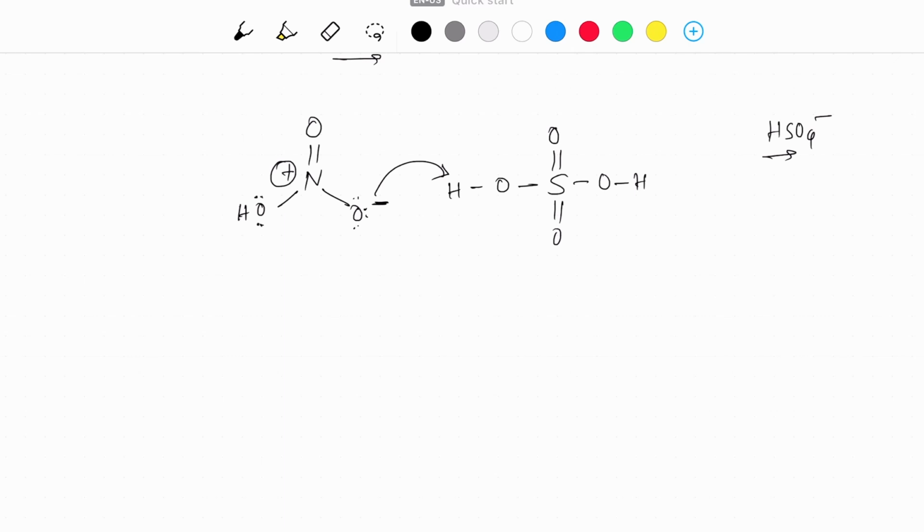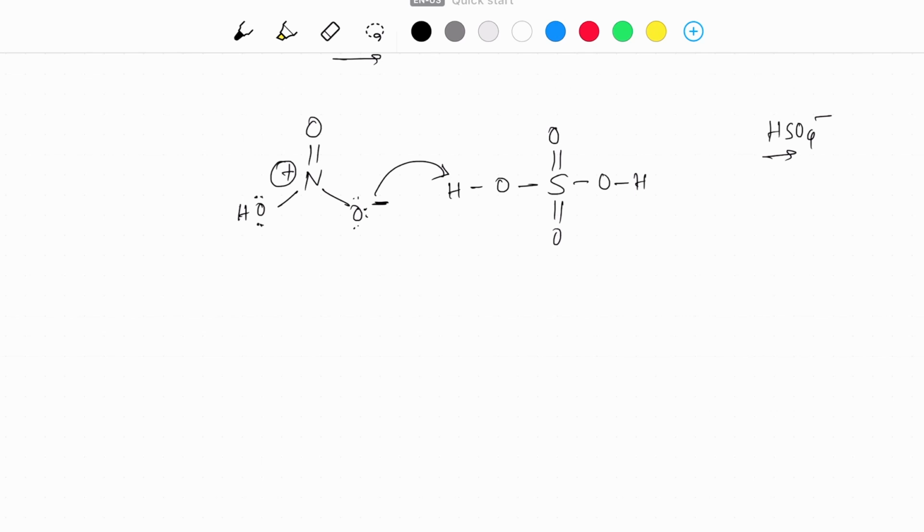That's why sulfuric acid can give away a proton and is much more acidic than nitric acid. So nitric acid in this particular case will act as a base, which sounds weird, but that's actually the case when you mix nitric acid with sulfuric acid, because sulfuric acid is stronger than nitric acid.